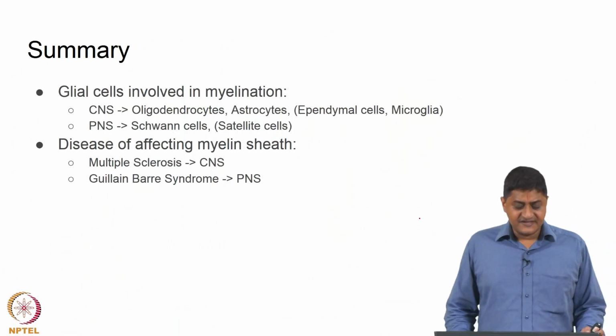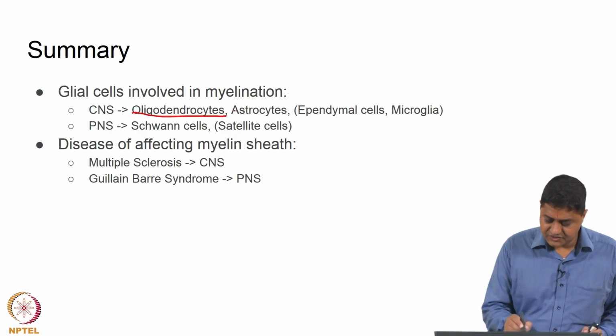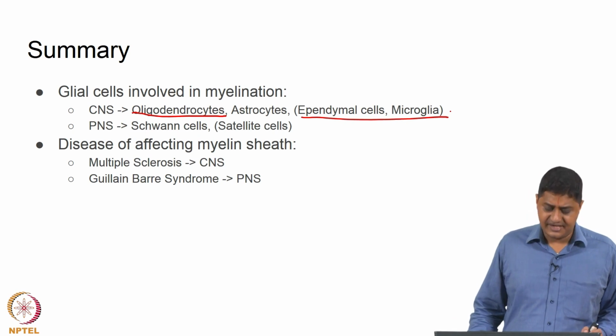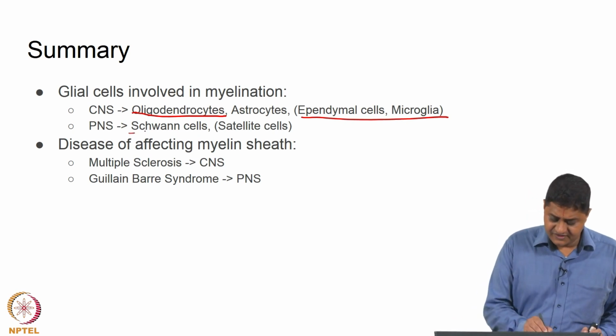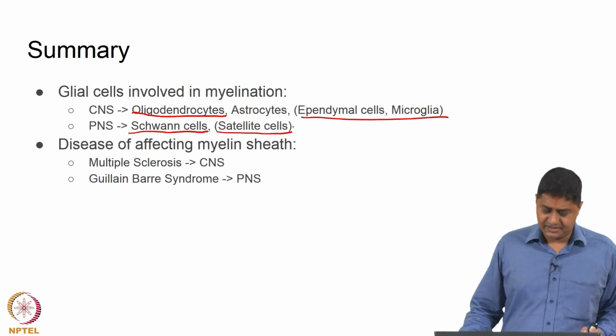In summary, we saw that in the CNS you have oligodendrocytes, astrocytes and others, right, other cells that myelinate, and in the peripheral nervous system there are Schwann cells and other cells that myelinate the axons.